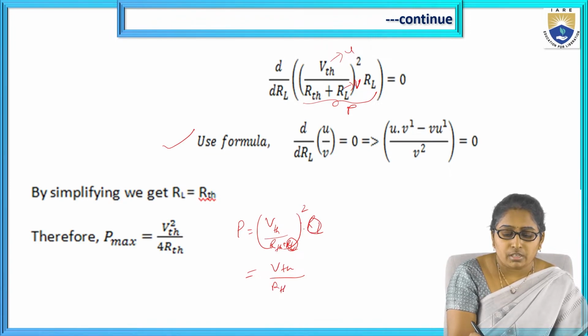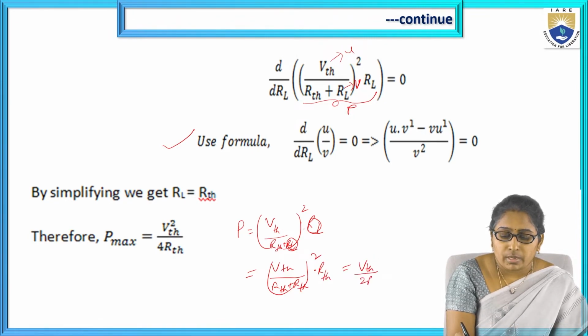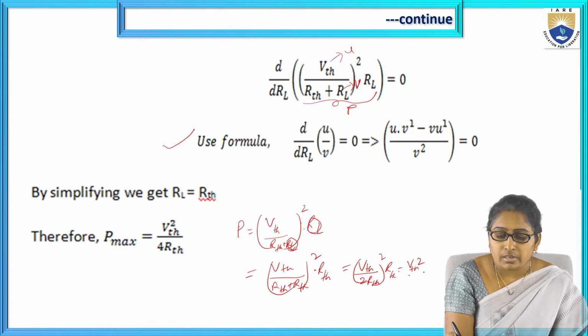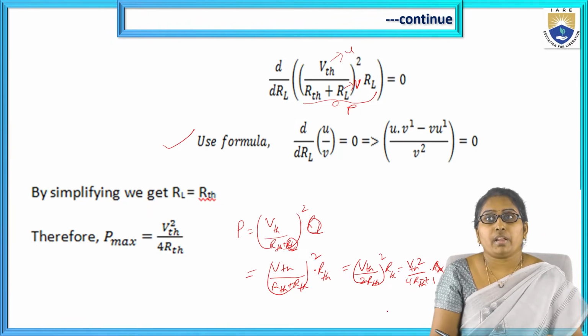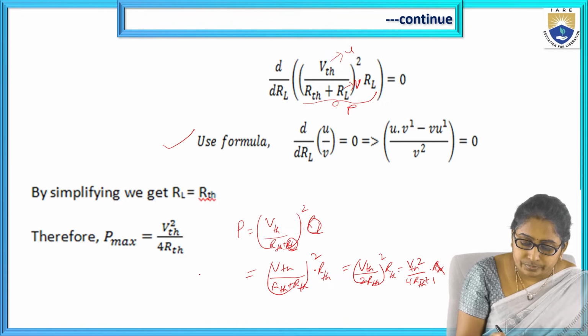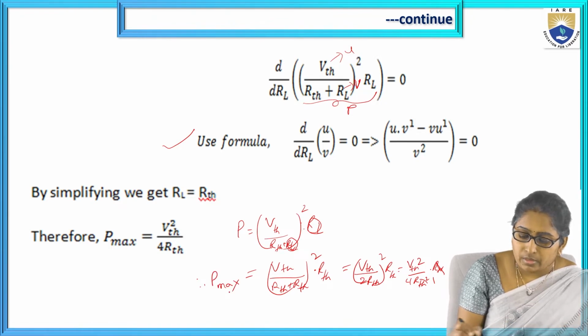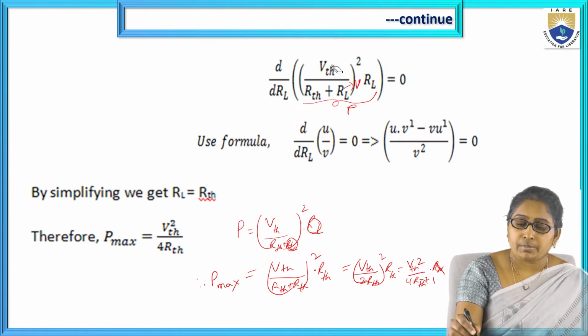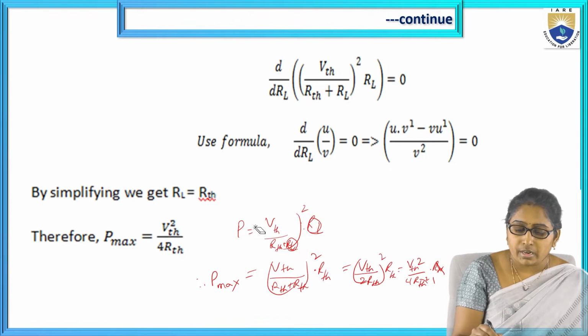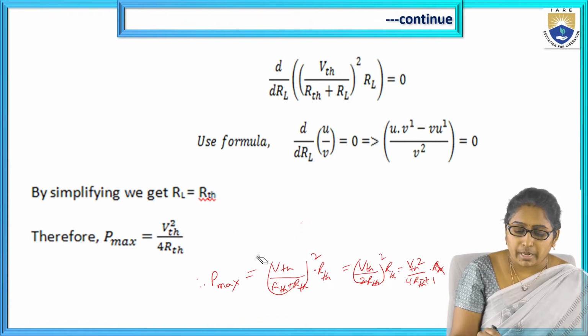So we get VTH square by (2 RTH) whole square into RTH, that is VTH square by 4 RTH square into RTH. RTH gets cancelled. So finally, our expression for Pmax is given by VTH square by 4 RTH. So that is how it is derived: the condition for maximum power, and also the expression for maximum power.